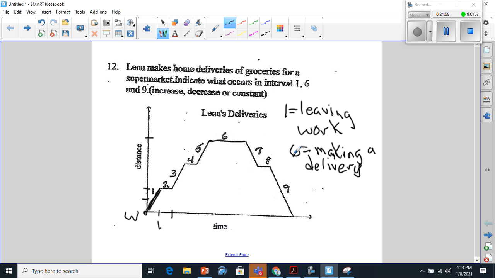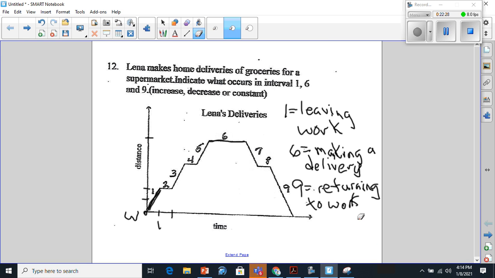Okay. And then number 9 would be going back to work. All right. Returning to work. All right. Oh, that was very ugly there at the end.